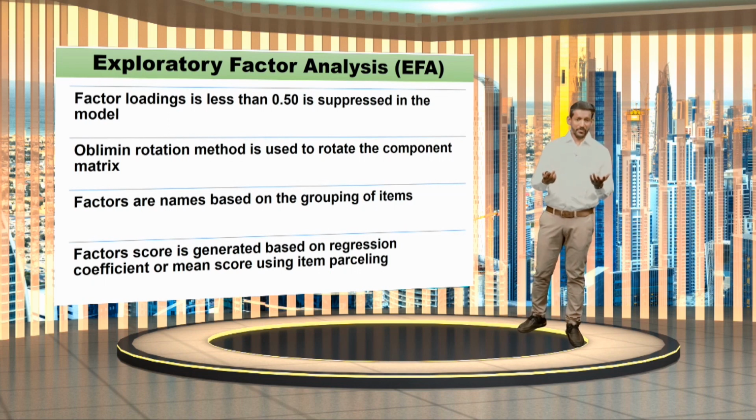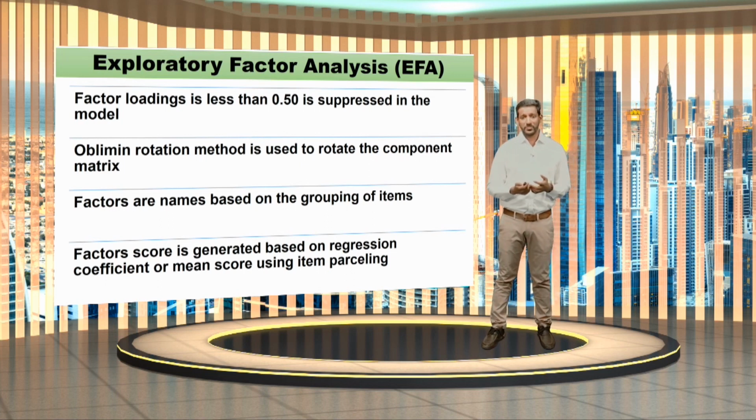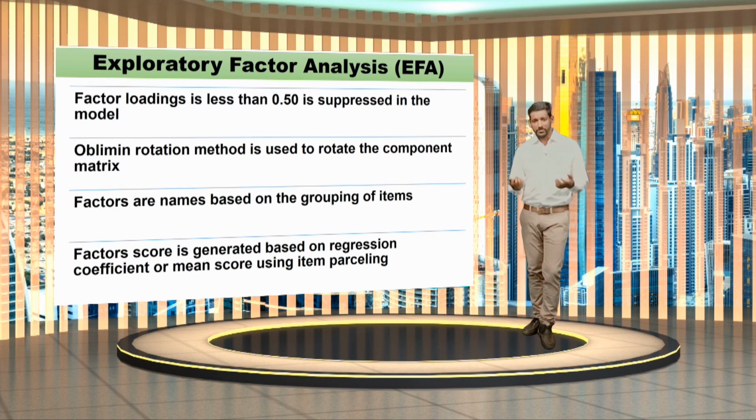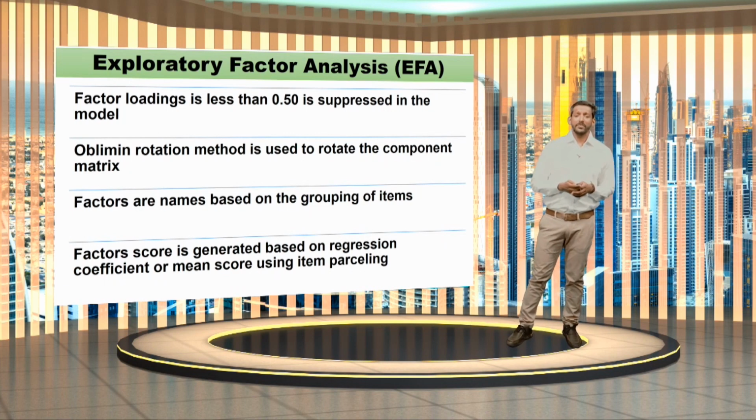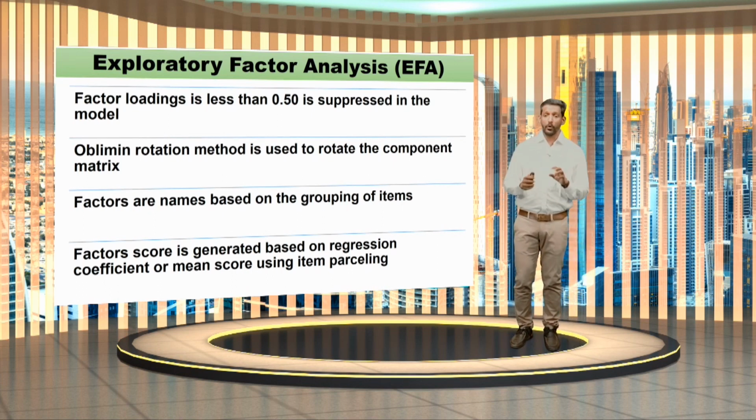And once we get the factors, it is the duty of the researcher to name the factors based on the grouping of items. As we are aware, when you say dimension or factor, it is a logical grouping of attributes or items. So we have to read the grouping of items very carefully and name it.